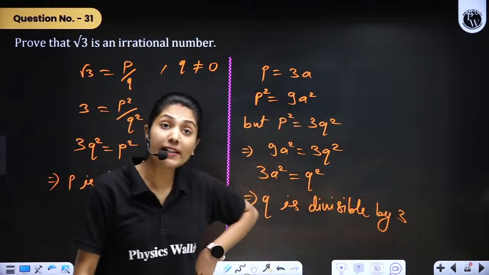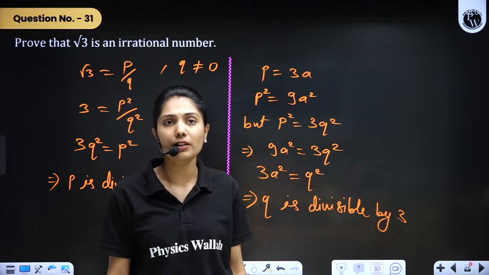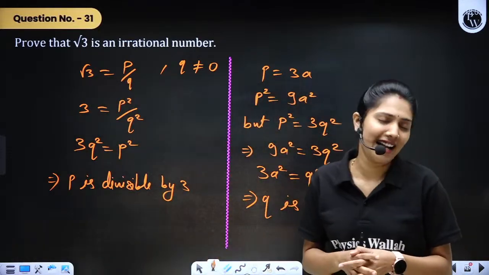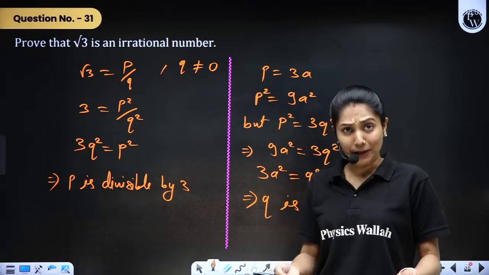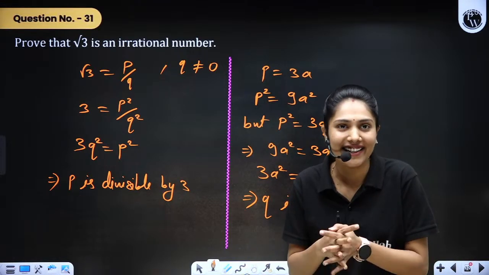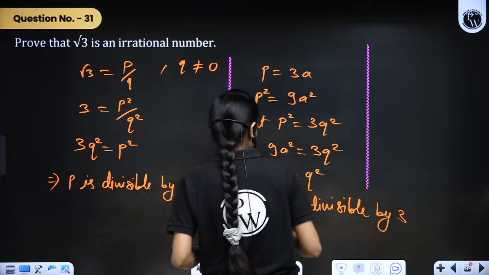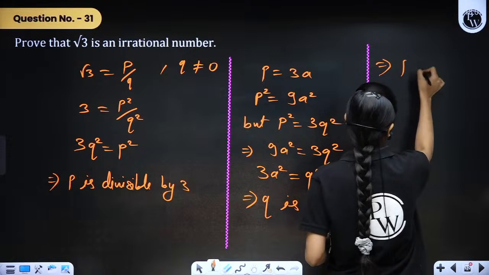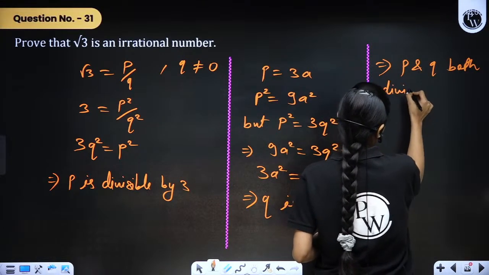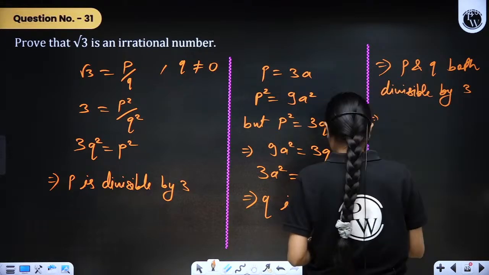And if q is also divisible by 3, which means root 3 is not a rational number, right? Since it is not rational, it should be irrational anyhow. It implies p and q are both divisible by 3, which is not possible.